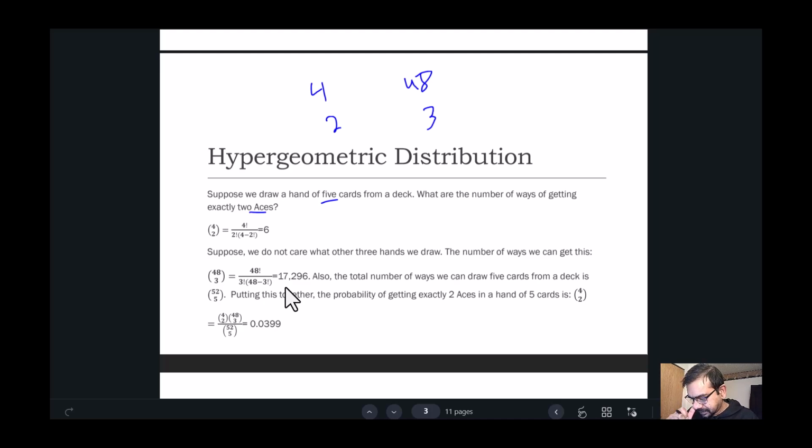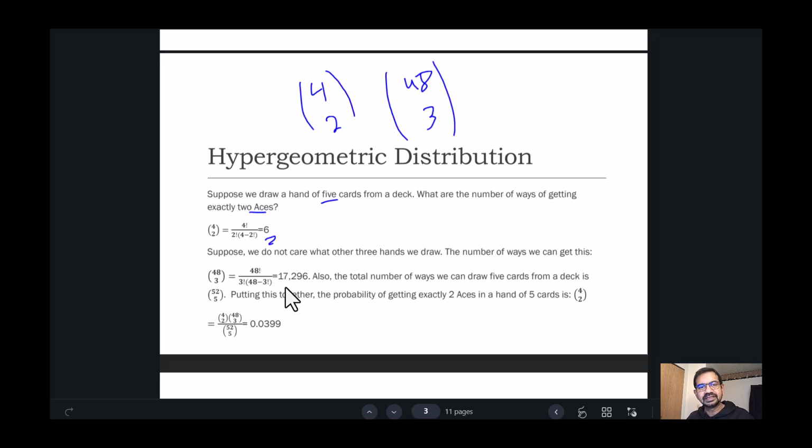To get the first count, it's 4C2, which is 6. So there are 6 ways in which from a set of 4 aces, you can get 2 aces. Again, the sequence does not matter. Then for the rest of the cards in the hand, out of 48 possible cards, we can draw any 3, and that's given by 48C3, which is 17,296.